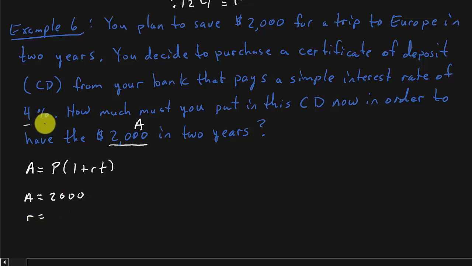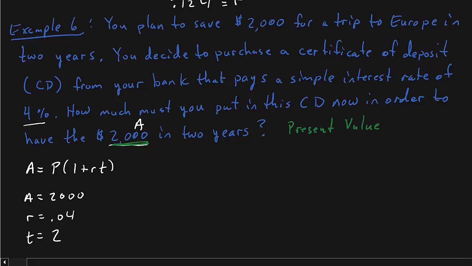R, well, that's 4%, 0.04. And T, that is in 2 years. So T is 2. So what we're doing now in this problem is we're finding the present value. How much do I have to put in there now to have this amount in the future?